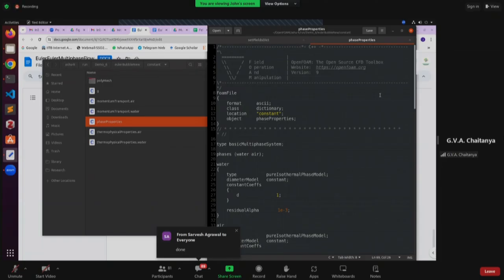Hello, sir. This diameter in this pure isothermal phase model, is it calculated based on the model, or is it some geometric property? No, that is a geometric property. That is something that you have to specify. Say in a fluidized bed, that will be the diameter of your solid particles.